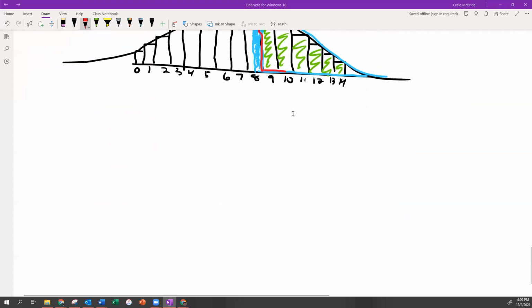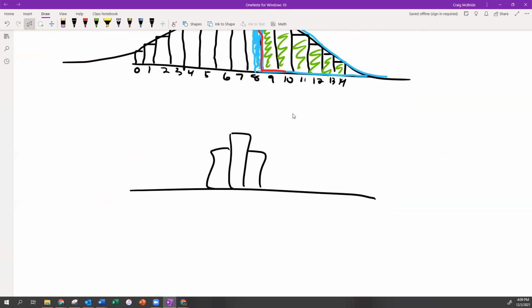So the last example I'll do, I'm just going to do a simple one because I don't want to spend an hour drawing these things again. You want to find, so this is 0, 1, 2, 3, 4, 5, and 6.